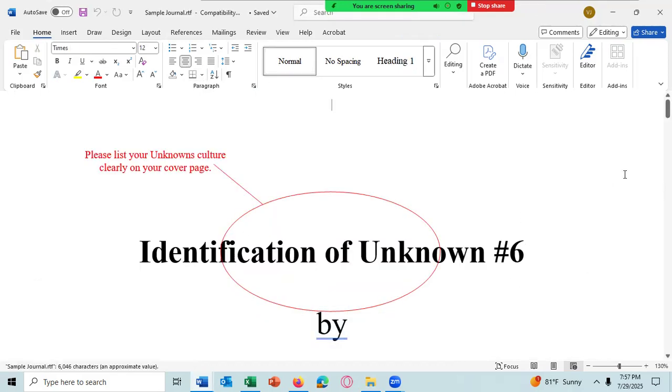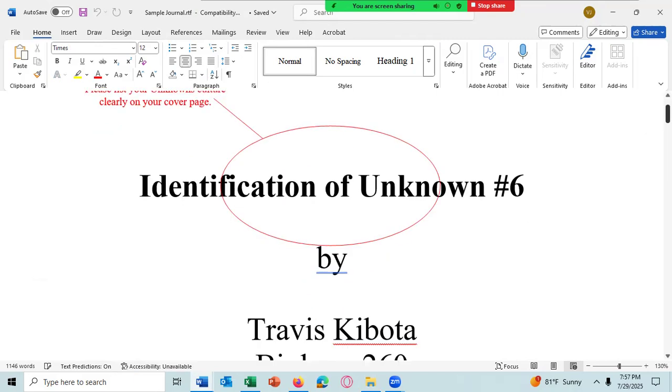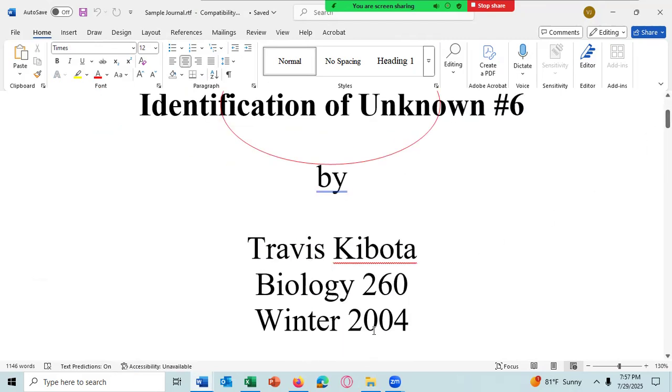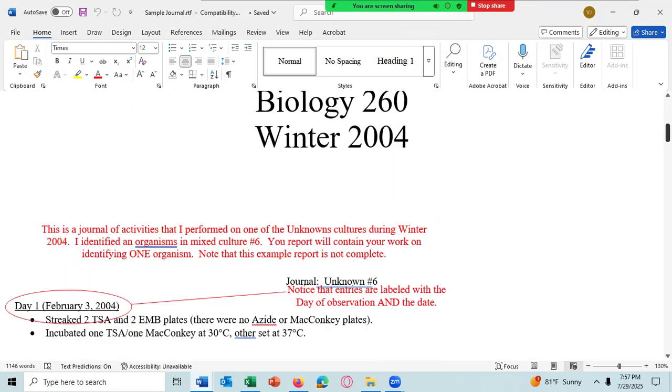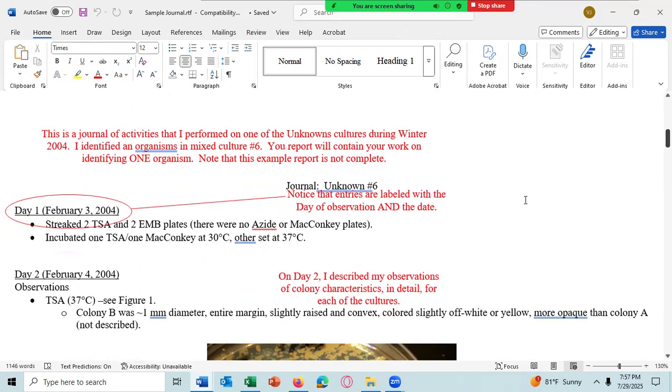Identification of unknown number 6. You should have the person's name, the class, the term. Obviously, this is a long time ago. And if you don't know Travis Kubota, he used to teach microbiology. He might be teaching it this year, I'm not sure. First day, he was given a tube and then streaked it out.